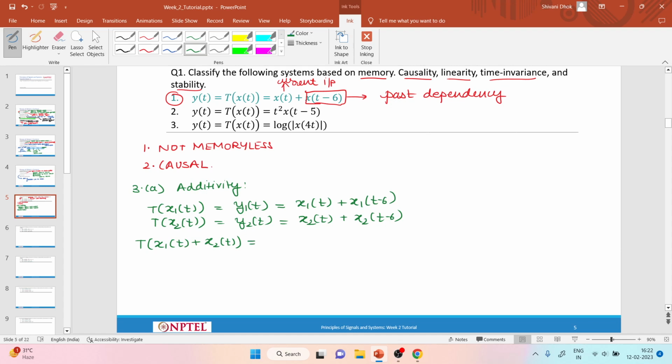This will be x1 of t plus x2 of t, corresponding to this part, plus x1 of t minus 6 plus x2 of t minus 6, corresponding to this part here, which means that this is equal to y1 of t plus y2 of t, which is the sum of individual outputs, and that's why the system is additive.